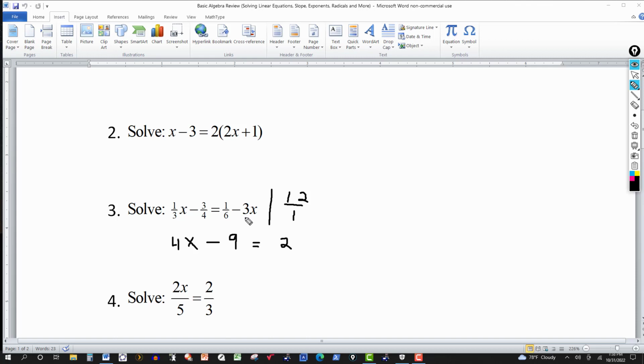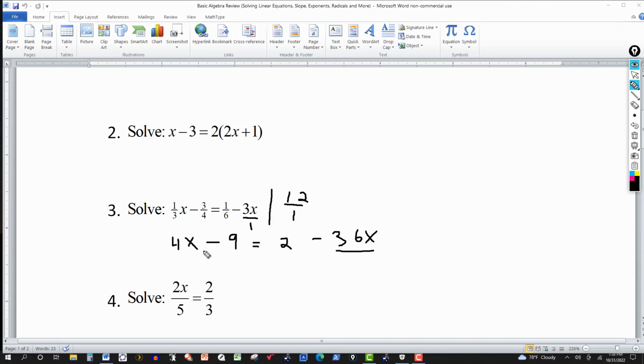Now the next one, this is over 1 if you want. Minus 3x over 1, so it's minus 3x times 12 is a minus 36 over 1, so it's minus 36x. So I want this term here on this side, or this one over here. Doesn't matter where the x is. You want to isolate the x.